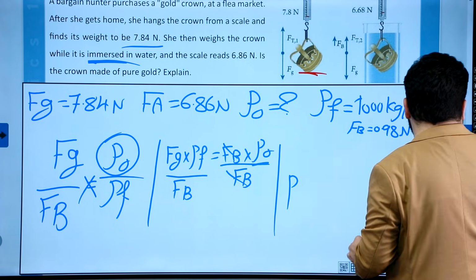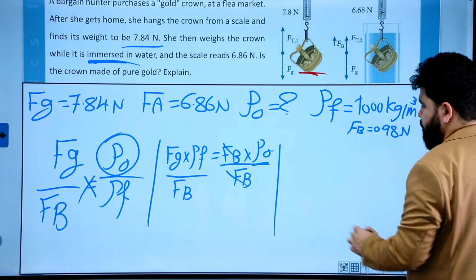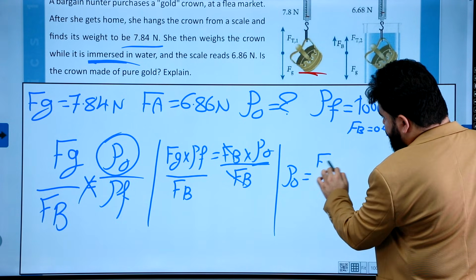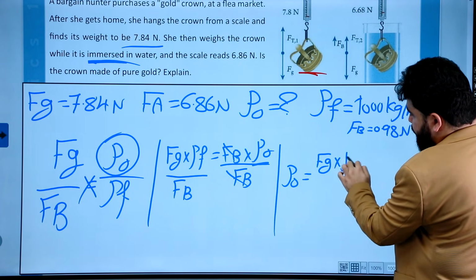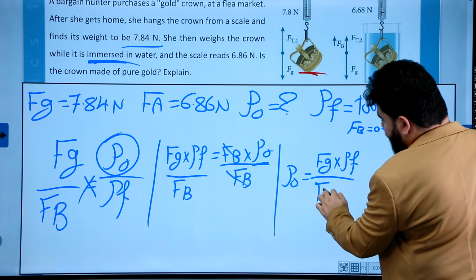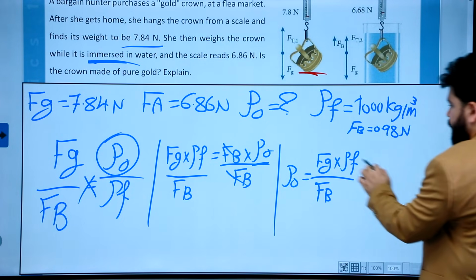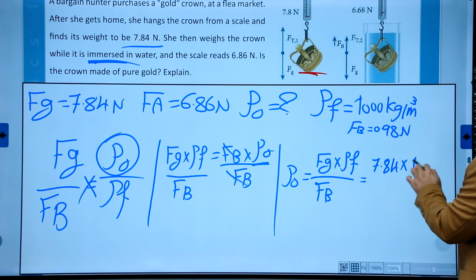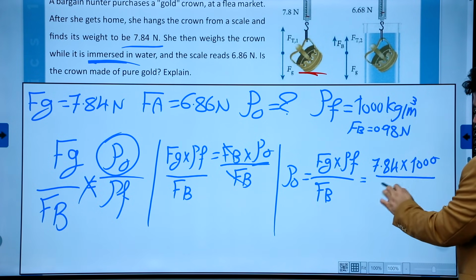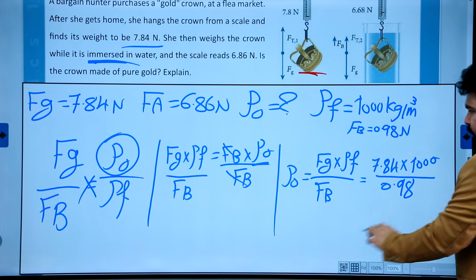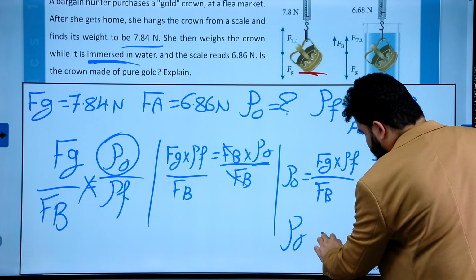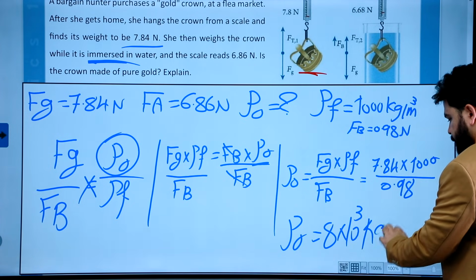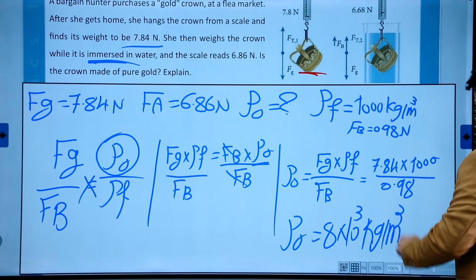Density of the object is equal to Fg multiplied by density of the fluid divided by Fb. Fg is equal to 7.84 multiplied by density of the fluid, which is 1000, divided by 0.98. Density of the object is equal to 8 times 10 to the power of 3 kilogram per meter cubed.